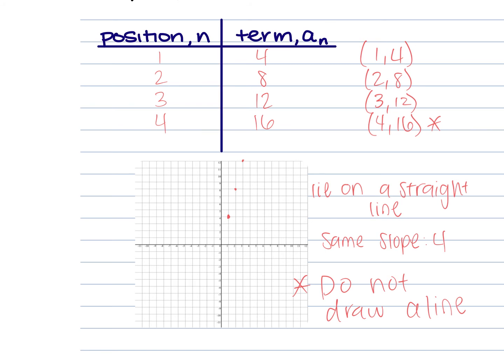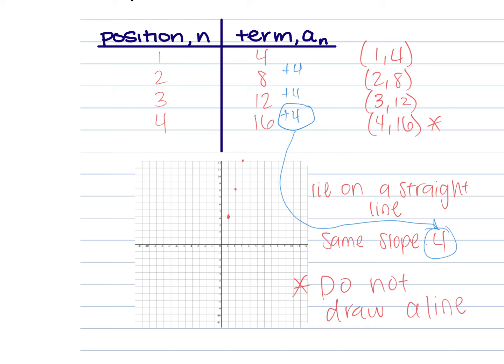I'm going to ask one more question. What was the common difference of this sequence? +3. What was the common difference of this sequence? AJ? Add 4. You're adding 4 each time. And that number will always be the same as what? Your slope.